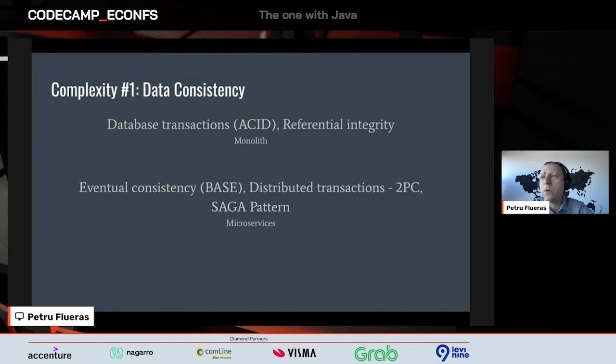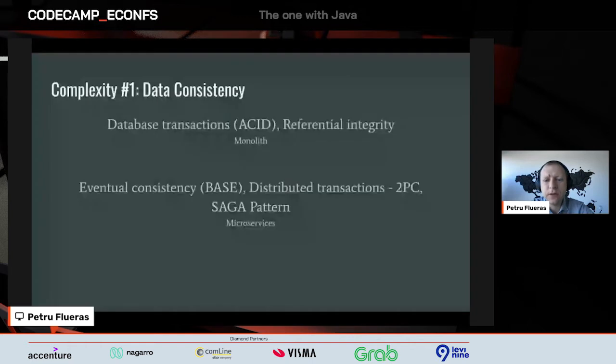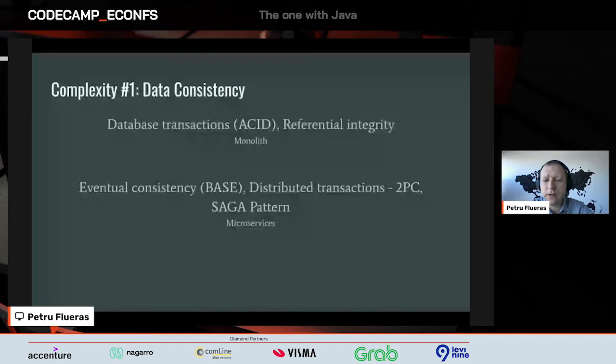We do a commit in different systems, in different microservices, and if the last call to another microservice fails, we just roll back, we do a compensating transaction, we do a compensating work on the previously successful requests.